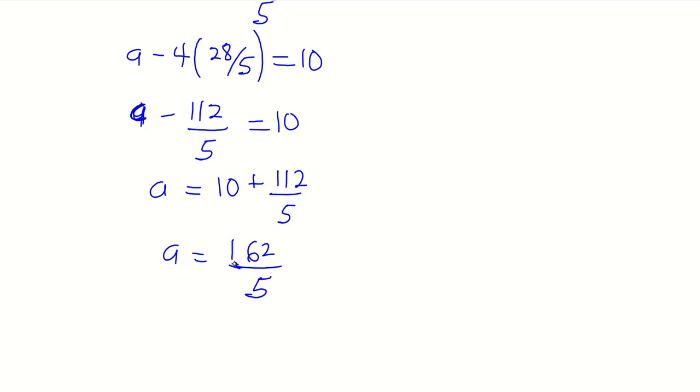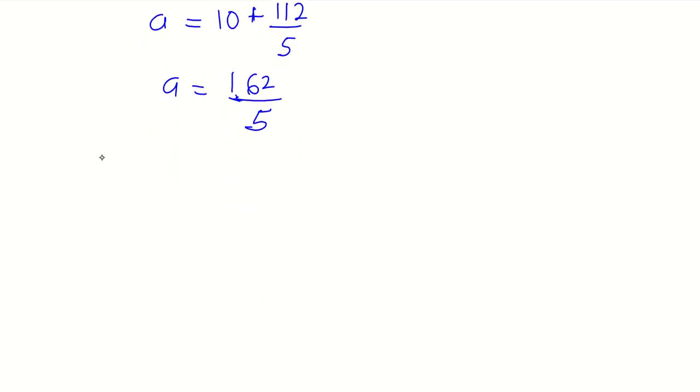Now we want to find the value of x and y and not a and b. Remember initially we said that we should let a be equal to 3 exponent x and b to be equal to 2 exponent y.